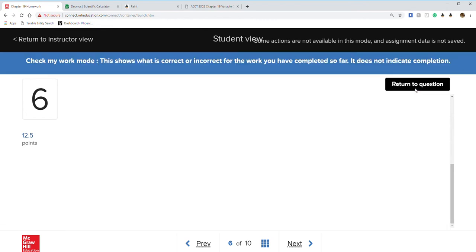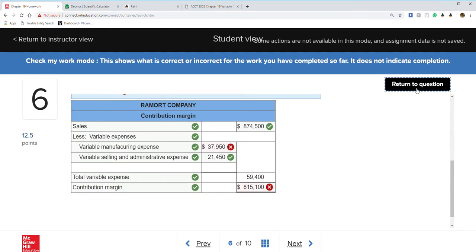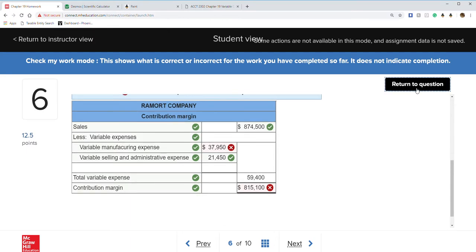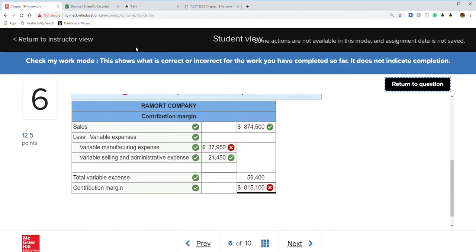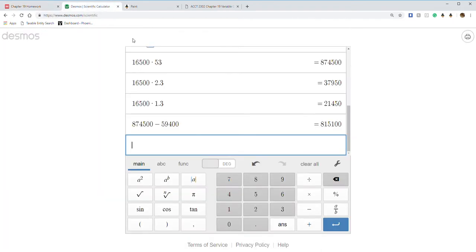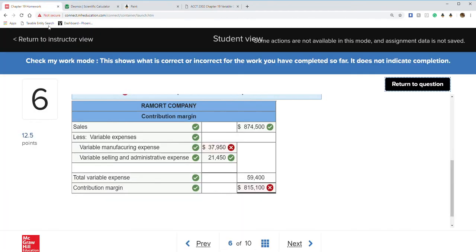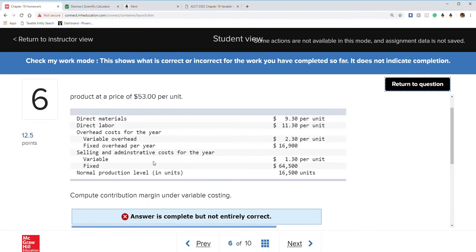Sweet. Let's check my work. Oops, I put in something wrong. Let's go find out what I put in wrong. It says 37,950. Let's go look. Variable overhead is 2.3.